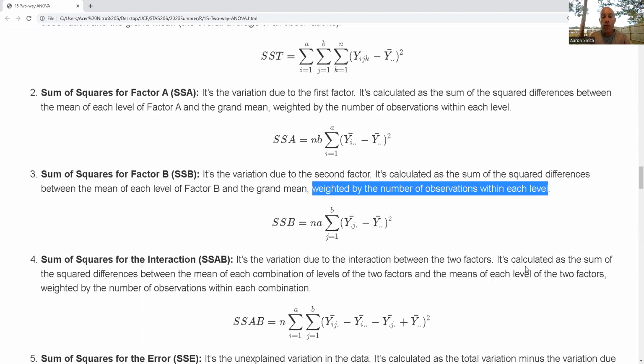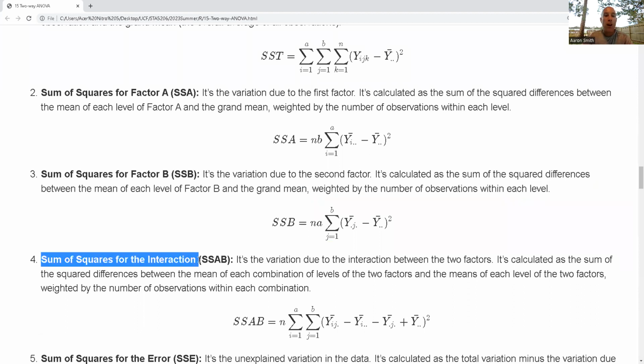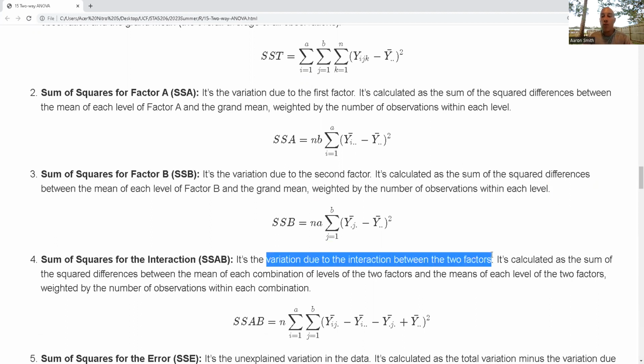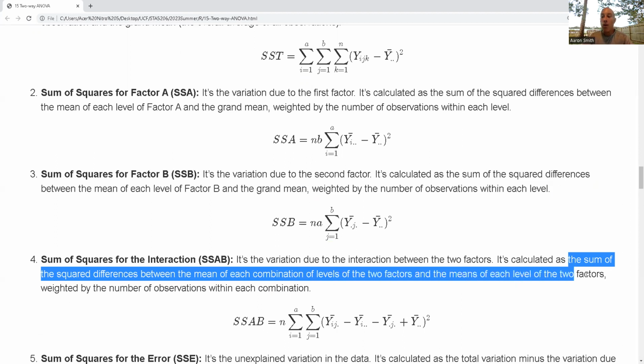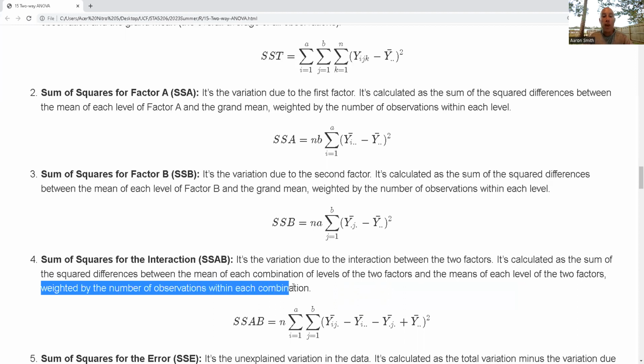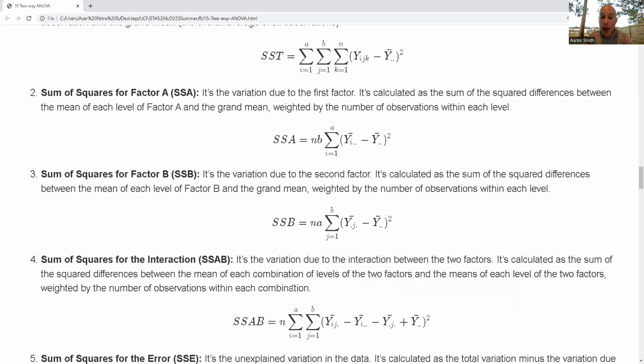Now the next one, and this one's a juicy one, we look at the sum of squares for interaction. This is the variation due to the interaction between two factors. It's calculated as the sum of the square differences between the mean of each combination of levels of the two factors and the means of each level of the two factors, weighted by the number of observations within each combination. Okay, that's a lot going on.